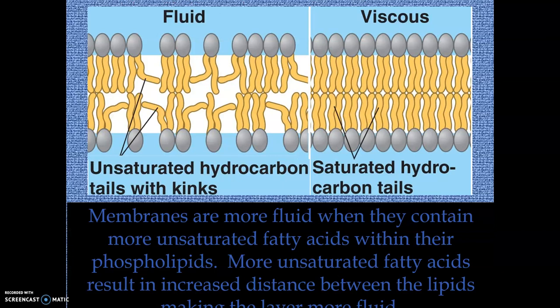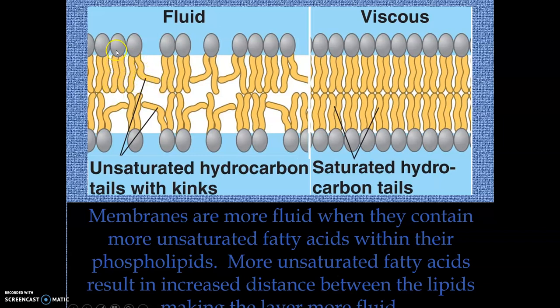Then the next point regarding fluidity you must keep in mind is if the fatty acyl chains have double bonds in their carbon chain, they form kinks. Kinks are nothing but these types of structures. This is called a kink.